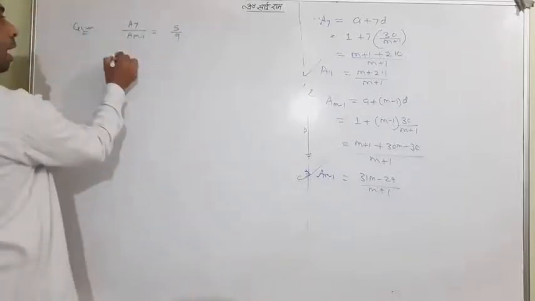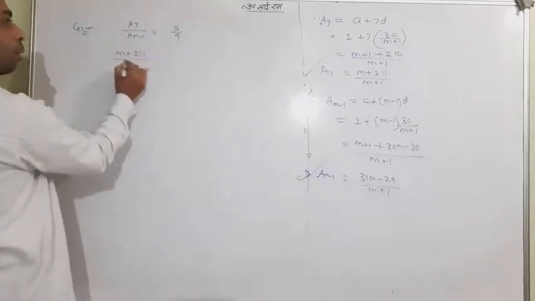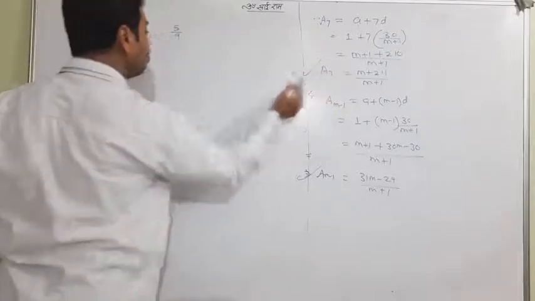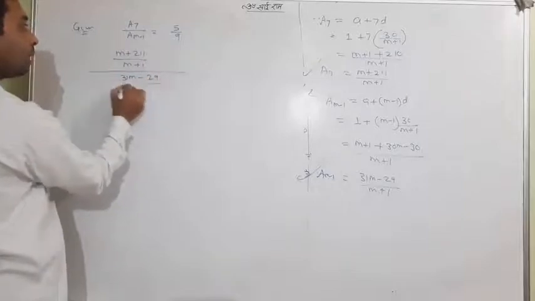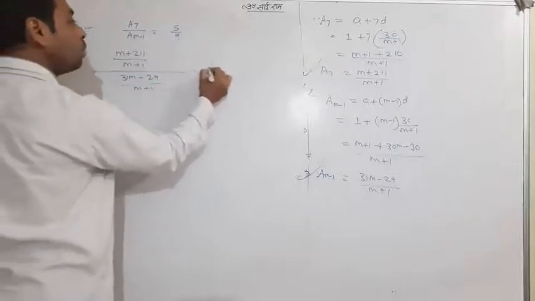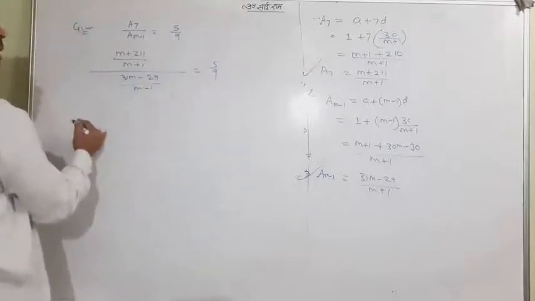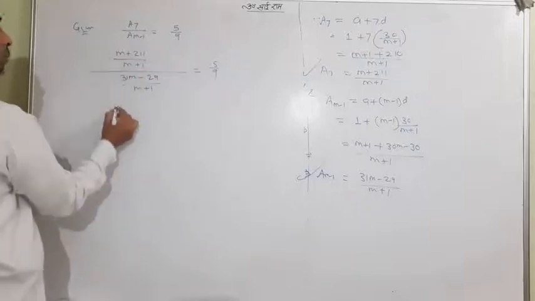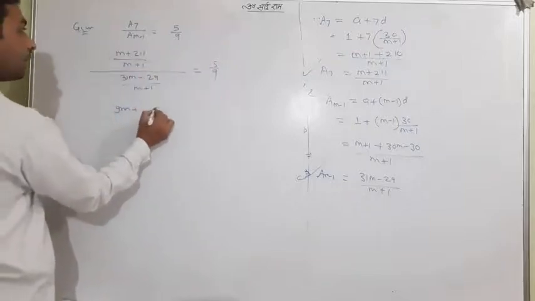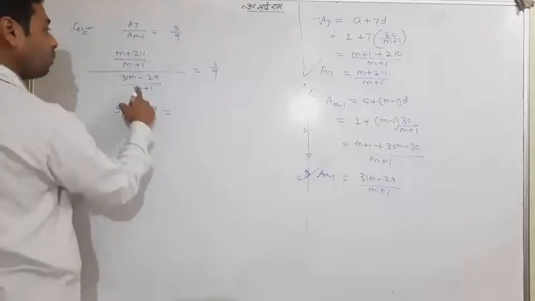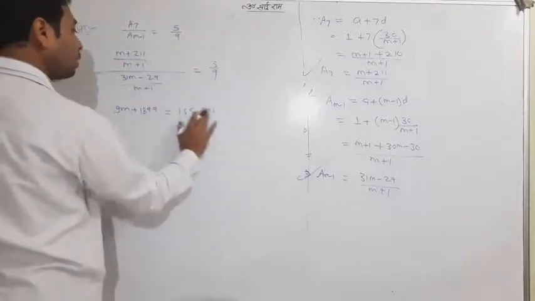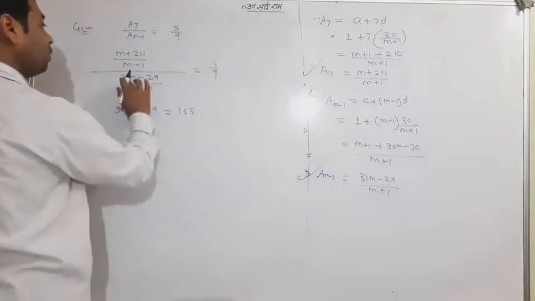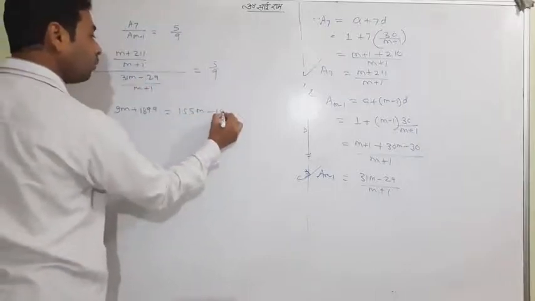So it is (m plus 211) upon (m plus 1), the seventh mean term, whole upon (31m minus 29) upon (m plus 1), equals 5:9. So these two will cancel. Now I'll multiply 9 here: 9m plus 9 times 211, and 5 I multiply here: 5 into 31m minus 145.